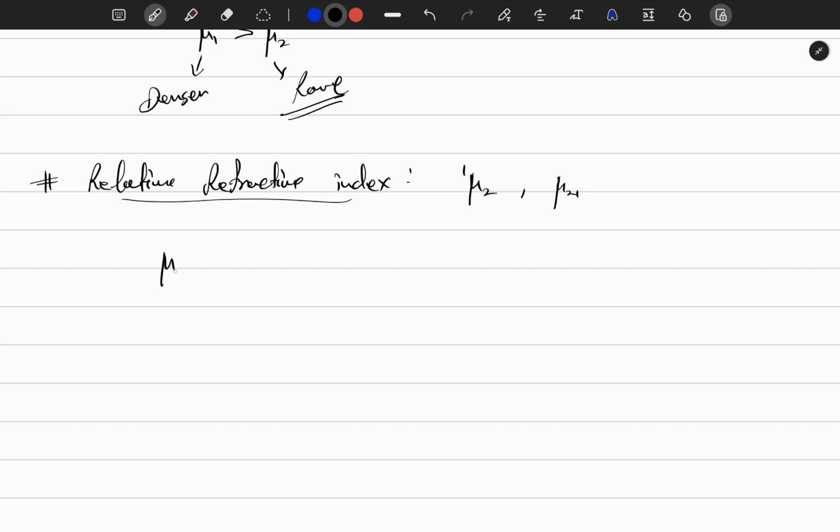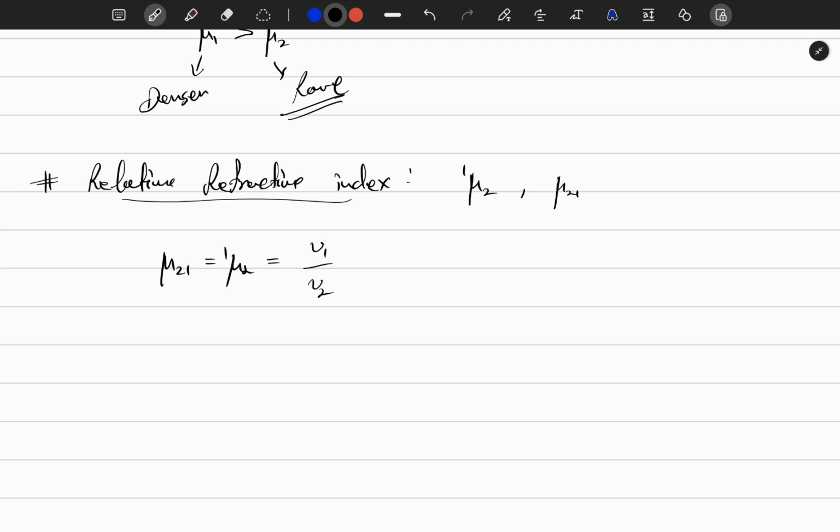It is defined as the speed of light in the first medium divided by the speed of light in the second medium.